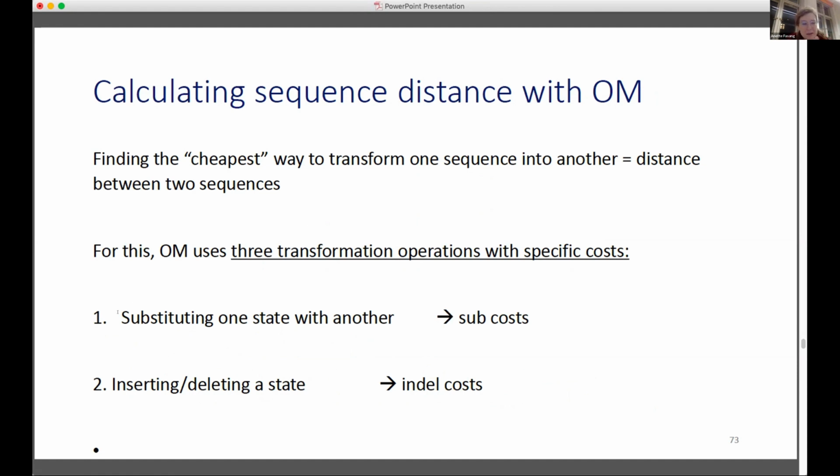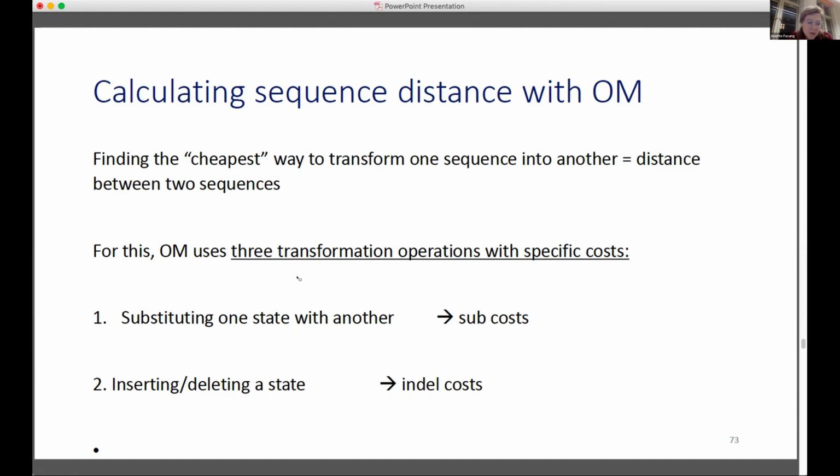The first one is I substitute one state with another. That's basically replacement. Let's say I have 2 completely identical family formation sequences, just one person at the end gets married while the other stays single. I simply replace this being married by being single, and then they are identical, or the other way around. That's a substitution operation.